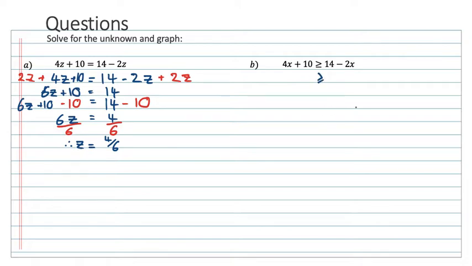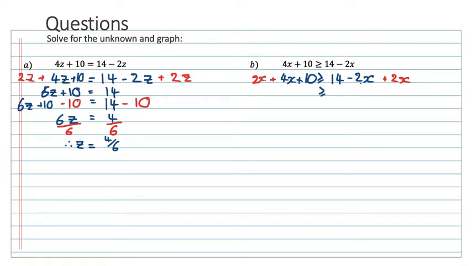So put in the inequality symbol and we'll say 14 minus 2x, 4x plus 10, and we're going to add 2x to both sides of the inequality. Because what I do to one side, I must do to the other side to maintain balance.